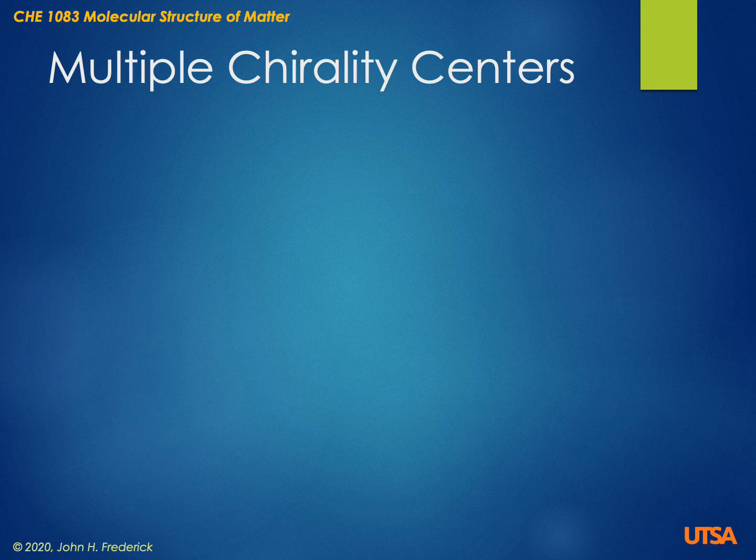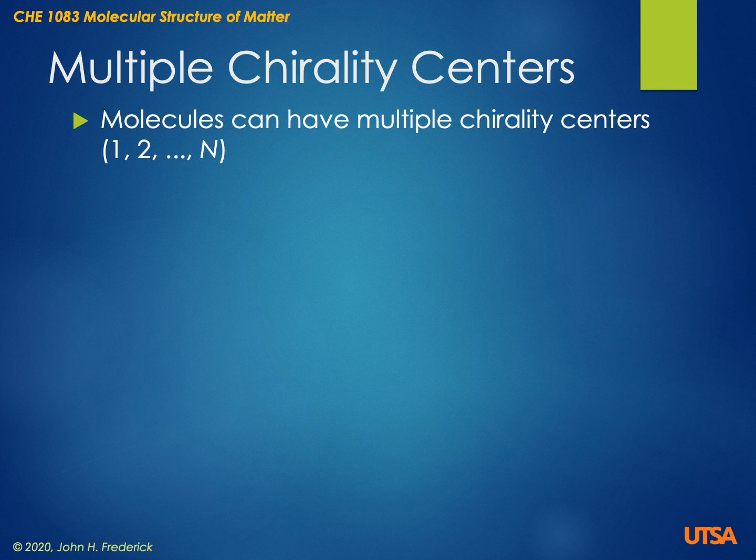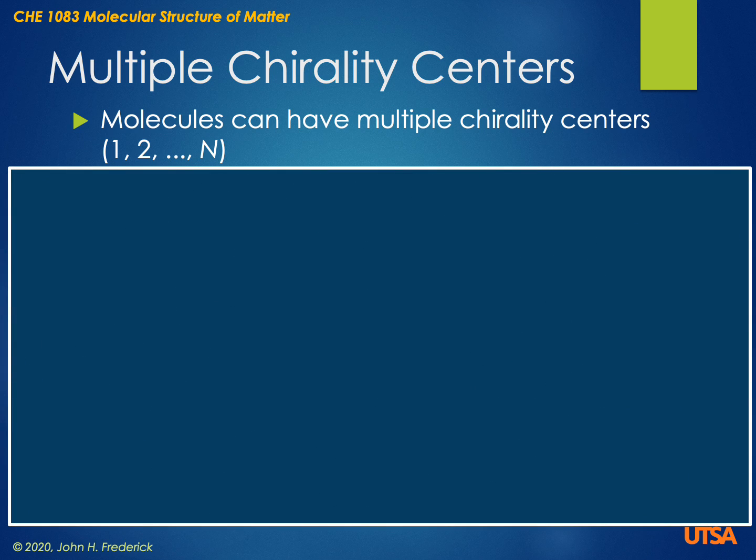Now let's take a look at what happens when we have multiple chirality centers in a molecule. So let's say our molecule has up to n. In fact, some biological molecules have many, many dozens of chirality centers. Well, let's start by organizing these according to how many chirality centers they have. With just one center, we can either have an R or an S enantiomer.